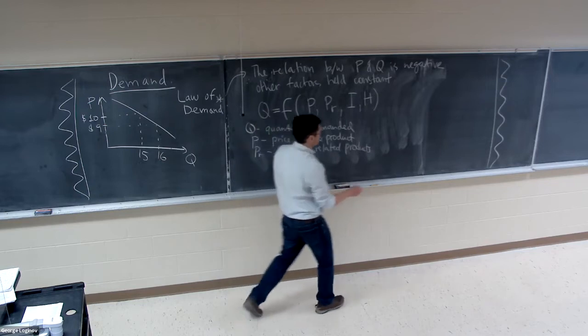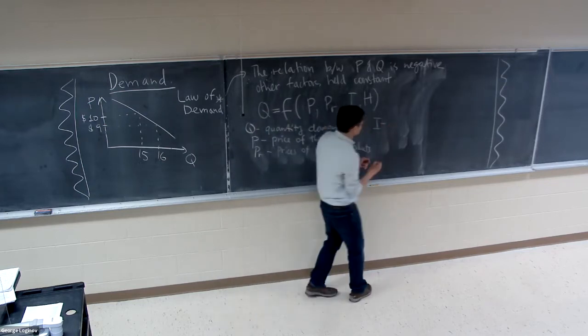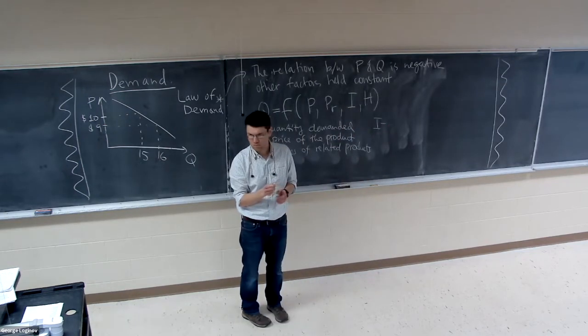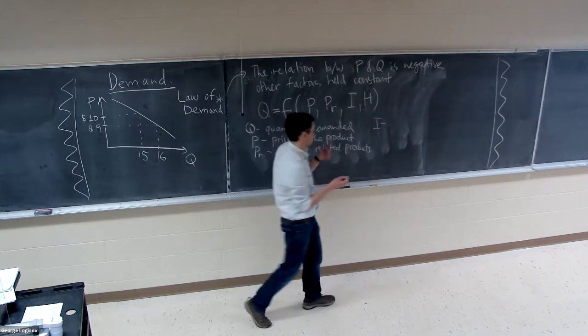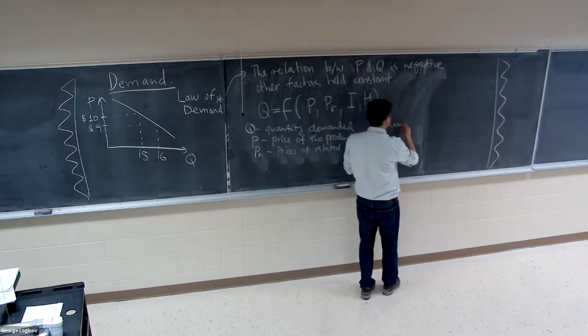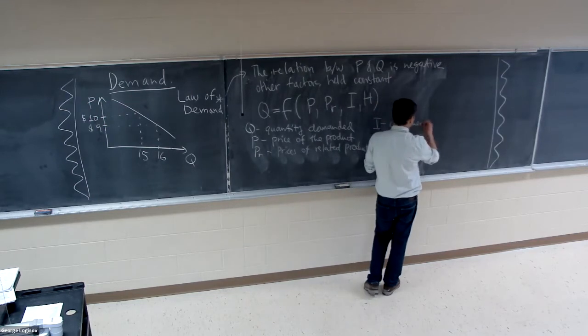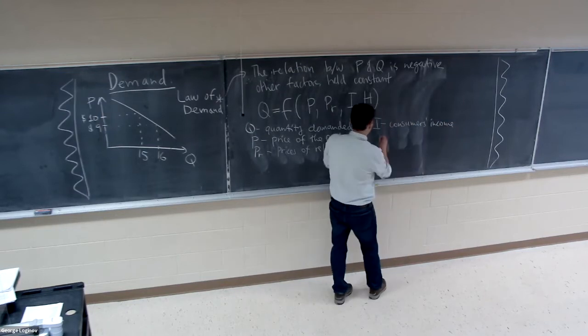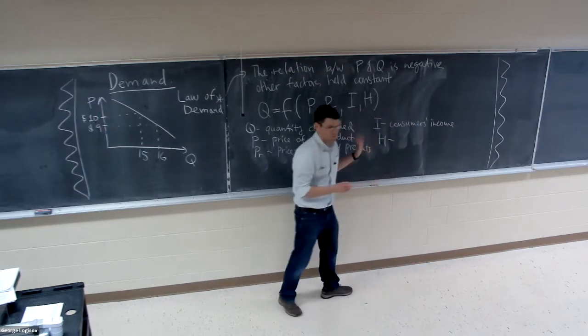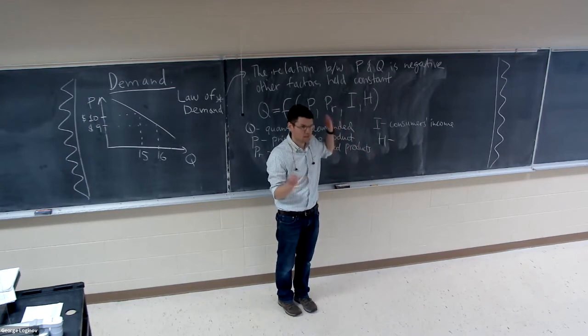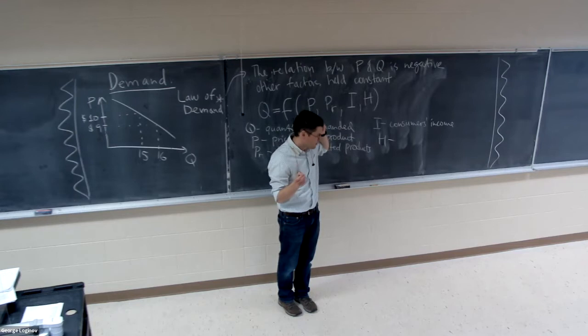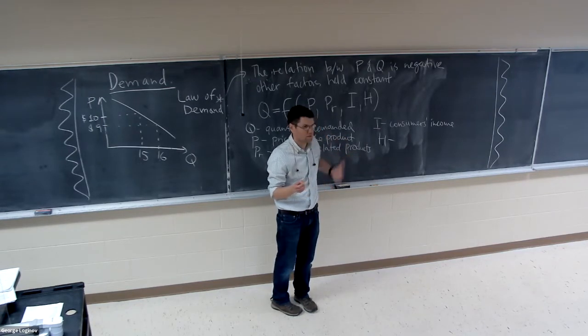I is going to be consumer's income. Usually we will look at the representative, like average consumer in the market. And A is a placeholder for any other factor you can think of: advertising expenses, consumers' preferences, consumers' expectations about the future, anything that can potentially affect the demand for the product.